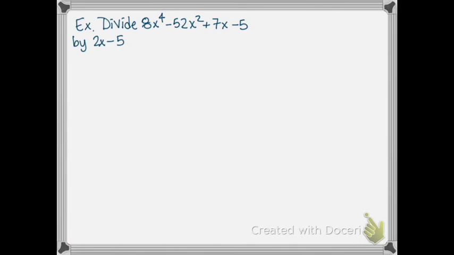Okay, we're going to divide this big polynomial by 2x minus 5. Now, if you notice, in the polynomial we're starting with, we're missing an x cubed term. So when we write this polynomial out, we're going to put a 0x cubed. We kind of need a 0x cubed there as a placeholder, so we don't miss out on any powers.